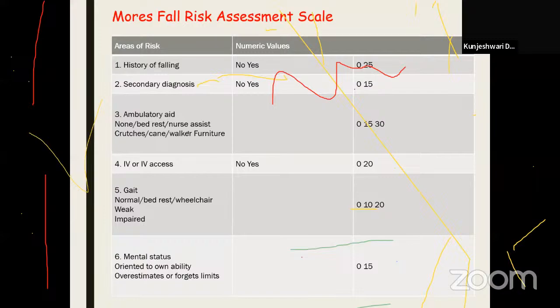So let me rate my patients, and I'm sure all of you are doing it already. Then add all the points together, and then you come to the conclusion. Then you compare with the scale stating whether my patient is mild, moderate, or severe. So same thing, whatever I have told you, it is all there in this same chart.